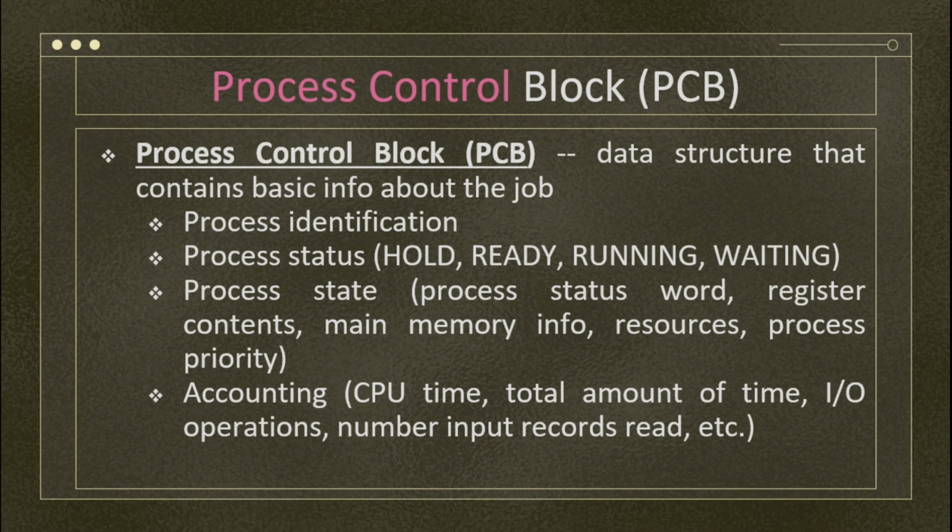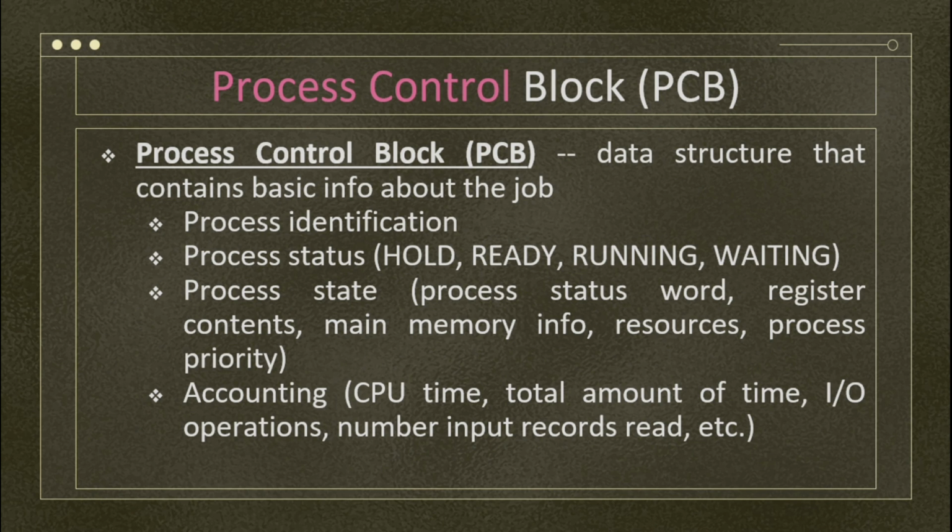Next is register contents, which refers to the data stored in the registers of a computer's central processing unit, or the CPU. Main memory info is used to store data and structures that are actively being used by the CPU during program execution.